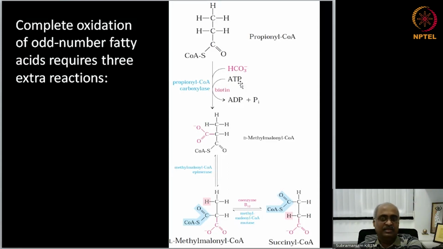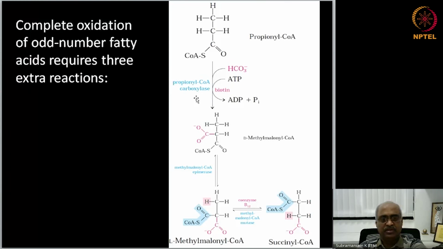So the activated carbon dioxide in the form of carbonic acid is the one from where carbon dioxide is transferred to biotin, and biotin, we also learned, is one of the biological tethers. It can move from one active site to the other active site. This is a very similar reaction to pyruvate carboxylase.